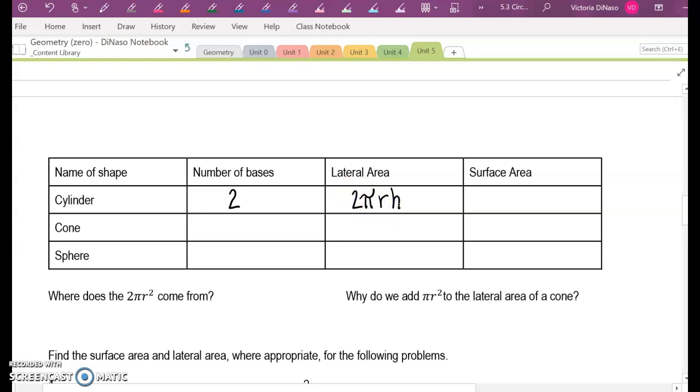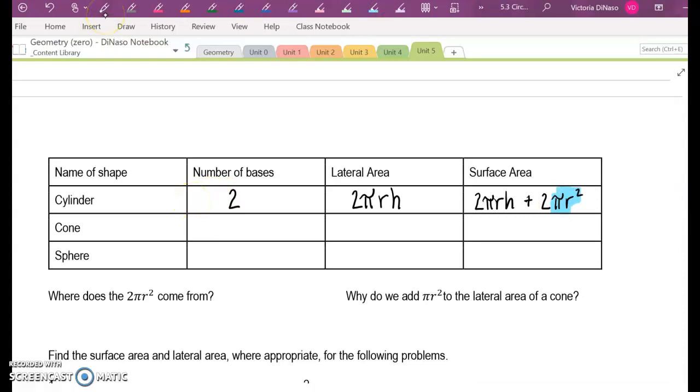And that is directly from your formula sheet. Then your surface area is going to be 2 pi r h plus the area of two circles. So that's why we see that 2, and then next to it we have pi r squared. The area of just one circle is pi r squared, but since it has two bases, that's why we have that number 2 right there.